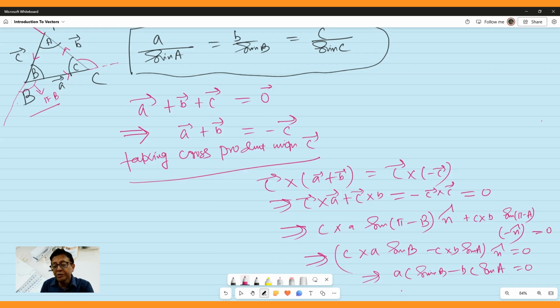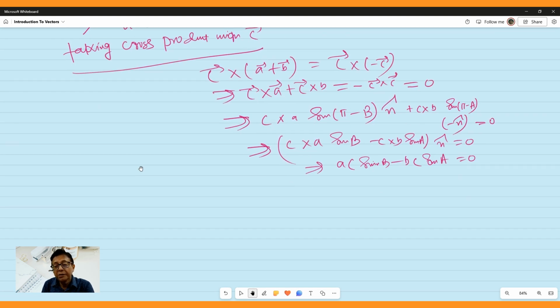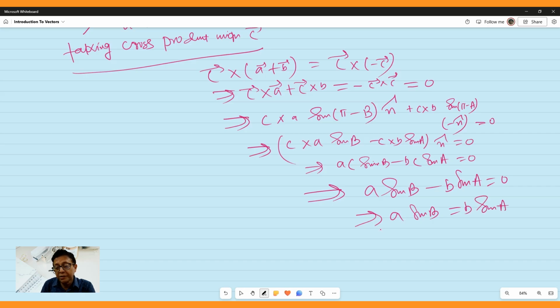So you divide both sides by C. What does it imply? This implies A sin B minus B sin A equals 0. A sin B equal to B sin A. Therefore, A by sin A equal to B by sin B.